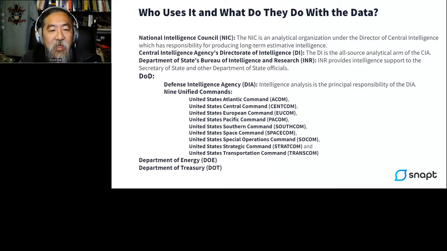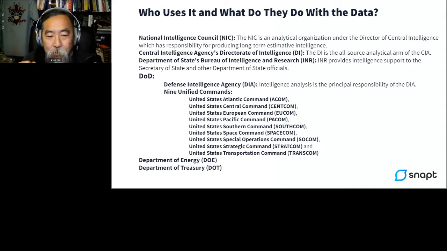We have the Department of State. They have a Bureau of Intelligence and Research. Their job is to take all this information, gather it, and provide it to the government officials, Department of State, and other officials within the government organization. So when you hear about things like these daily briefings that they give to the President of the United States, a lot of that will be based on these types of reports.